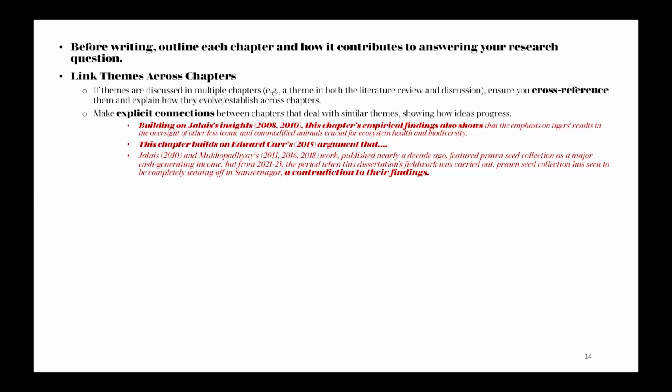It helps you show your reader that you are able to connect your analysis with the literature or references you have mentioned throughout your literature review.